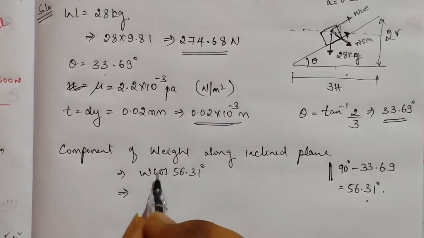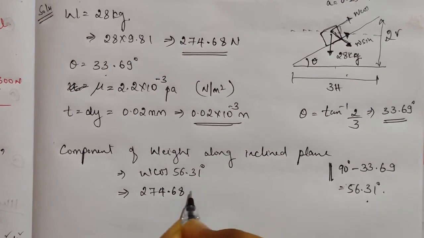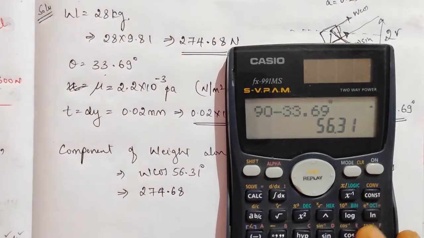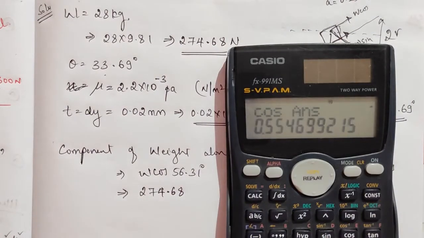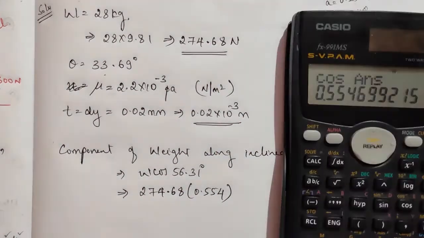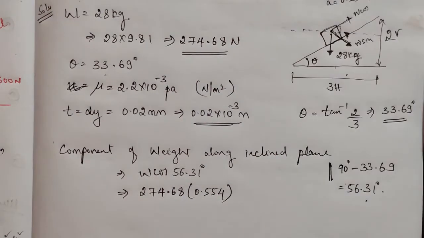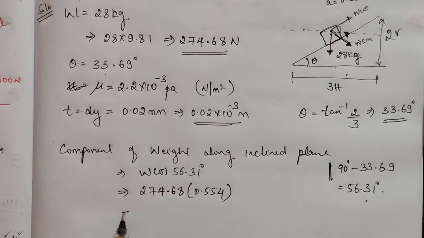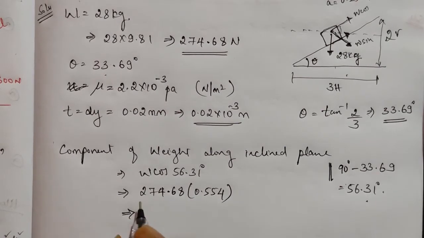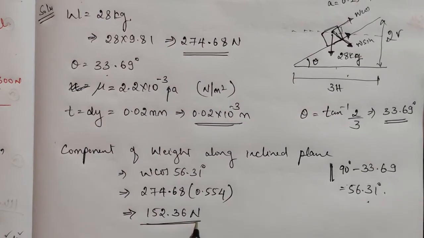This W is 274.68. The cos of the angle is 0.554. So when I multiply with 274.68, I am getting the value of force, that is 152.36 Newton.